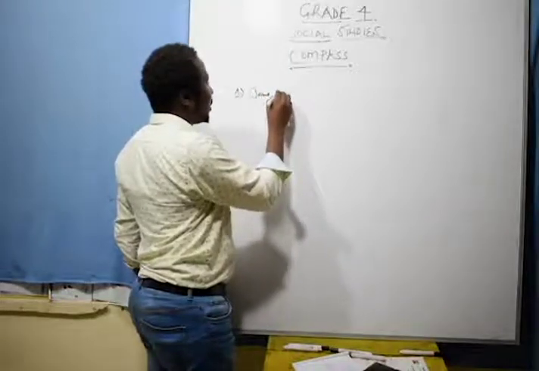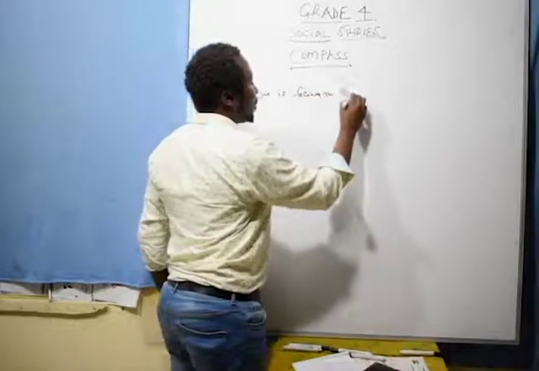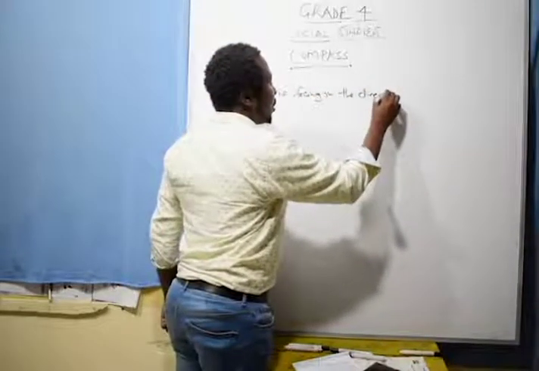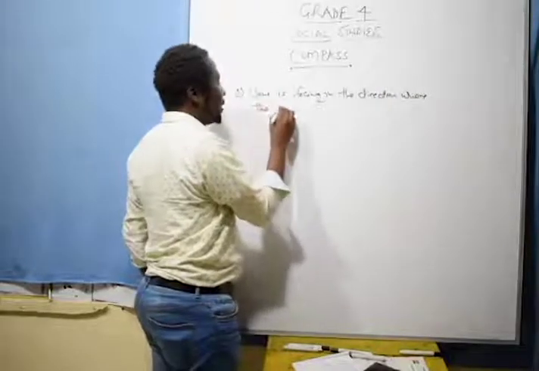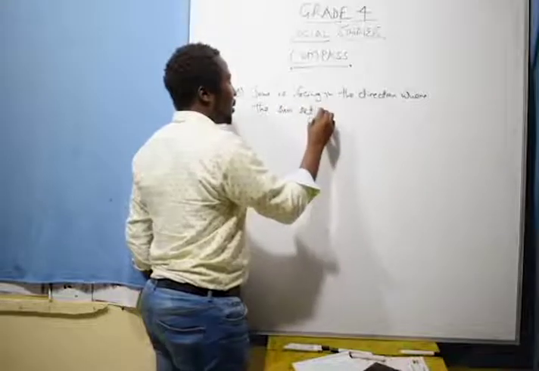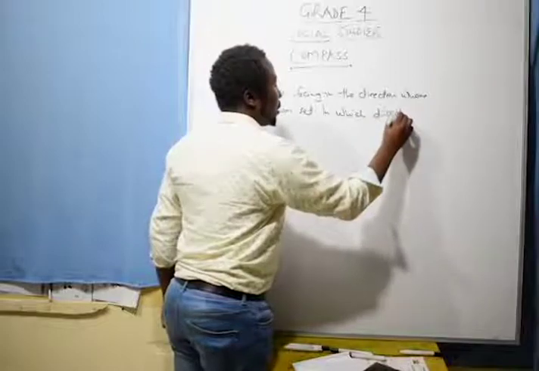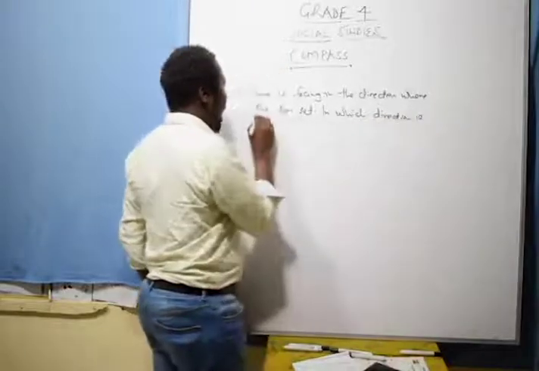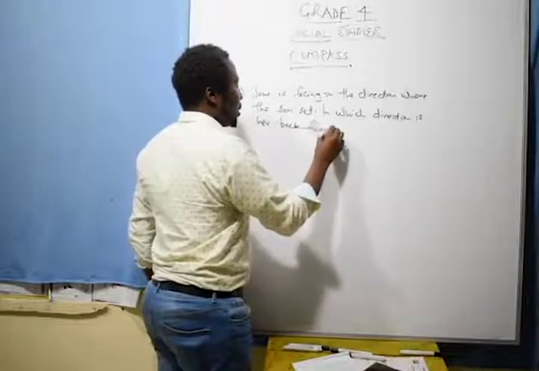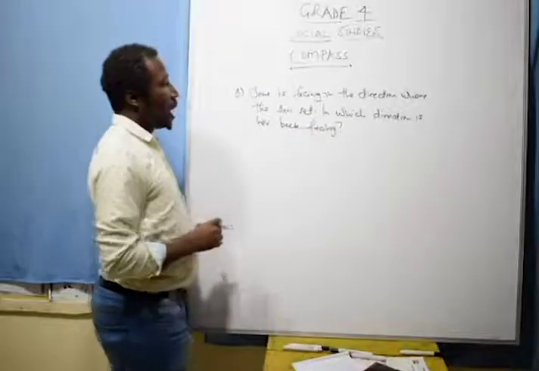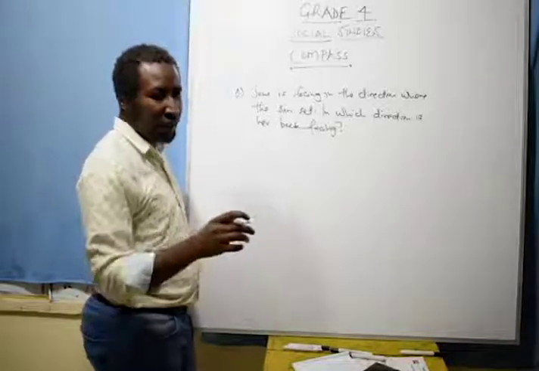J is facing in the direction where the sun sets. In which direction is her back facing? Now, J is facing where the sun sets. So you need to understand very simply here.